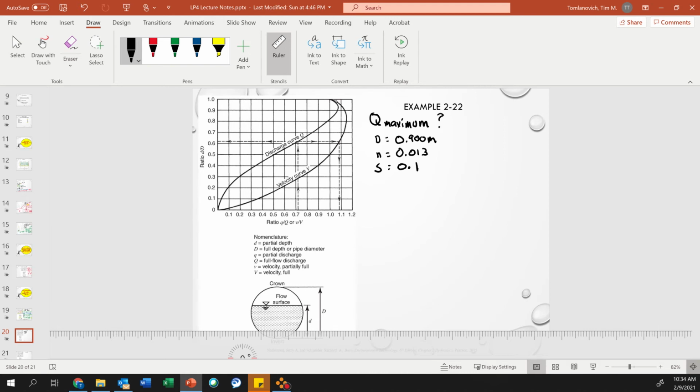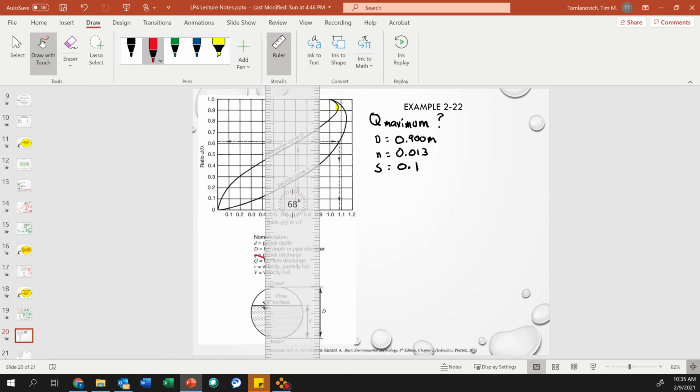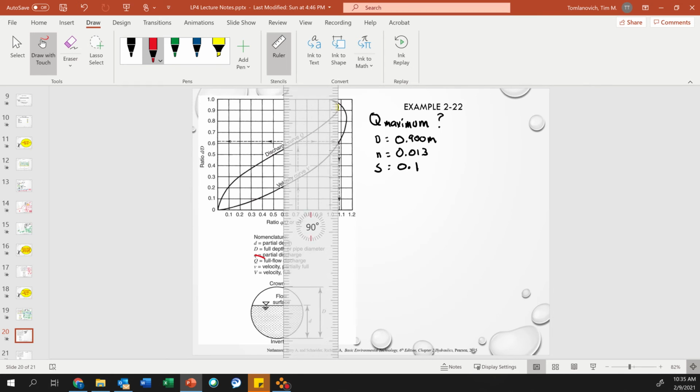Okay, so let's look at the curve here. Where does the curve peak out? It peaks out right there. Okay, so if I take my ruler, it peaks out right there.